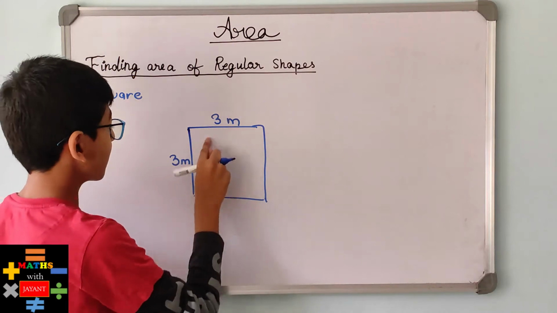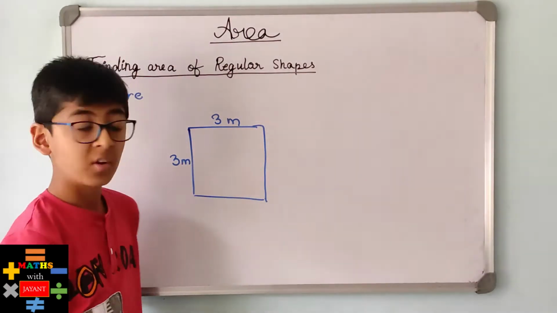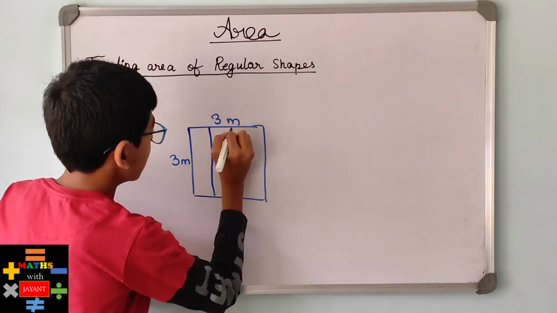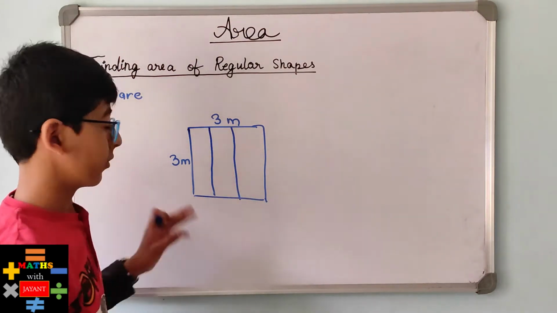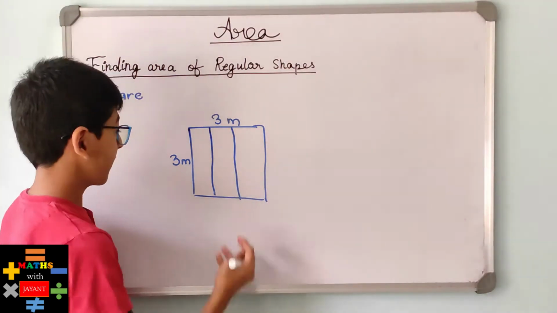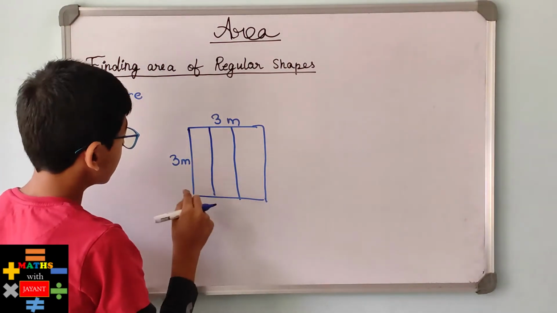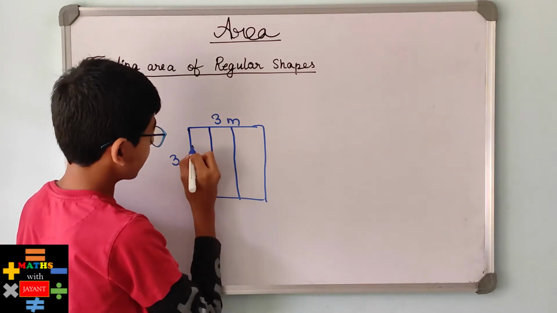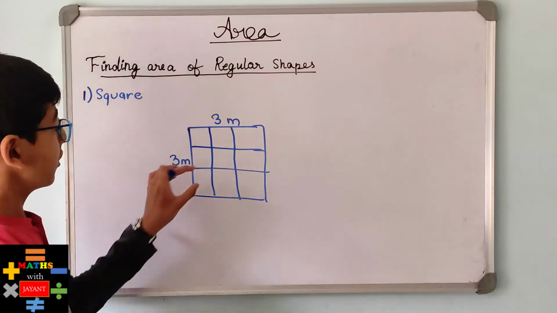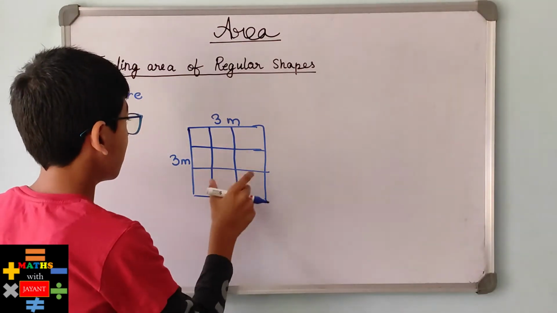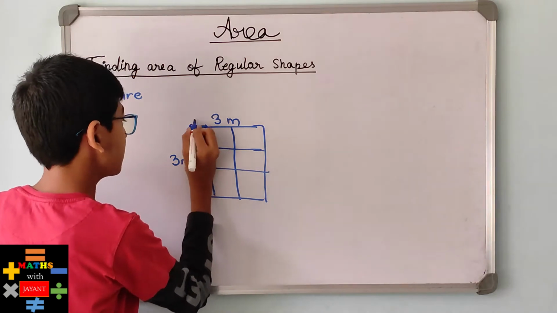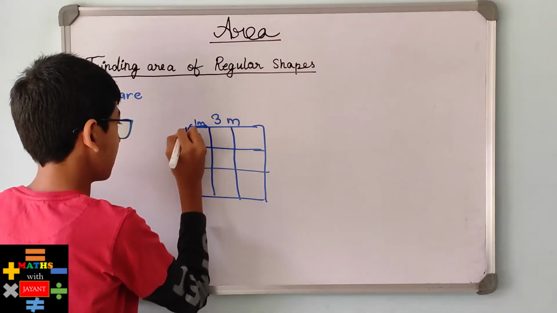So we can divide this into 3 equal parts. Over here they are not exactly equal, but we can divide them into 3 equal parts. Similarly over here also it's 3 meters, so we can divide this also into 3 equal parts. And all of these are smaller squares with their side 1 meter by 1 meter.